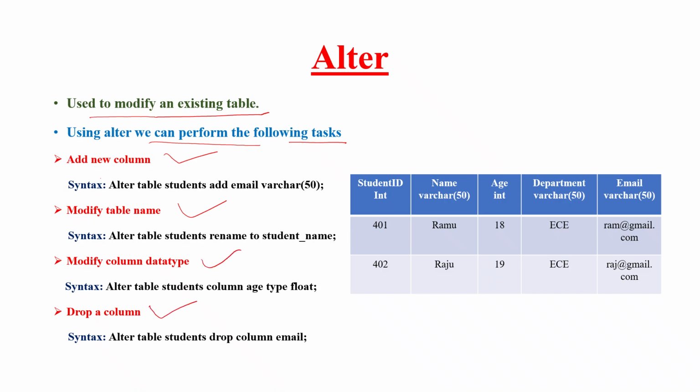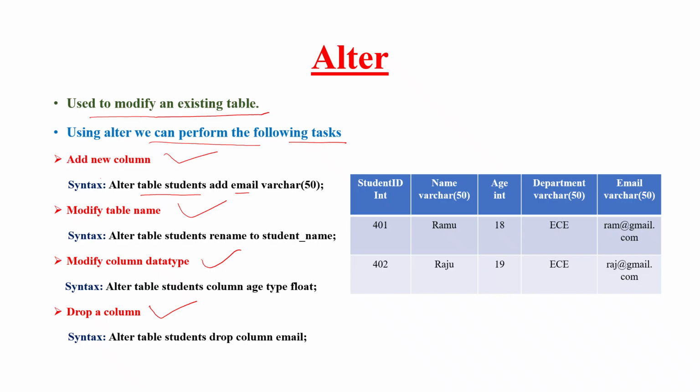So to add a new column to an existing table, let's consider the student table. In the student table, I want to add one more new column, that is the email column. For that, we can write the following syntax: alter table students, add email, and the data type for that email is varchar.